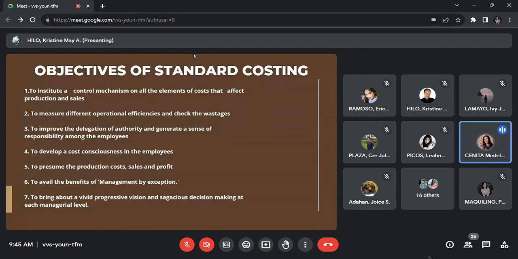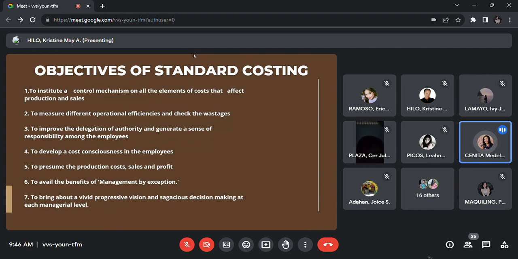First, to institute a control mechanism on all the elements of cost that affect production and sales. Second, to measure different operational efficiencies and check with speed.